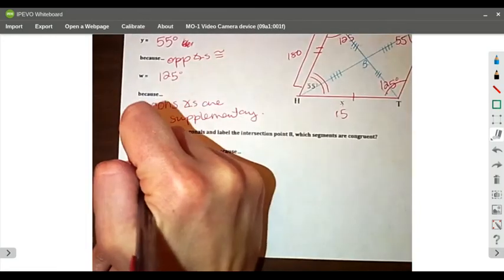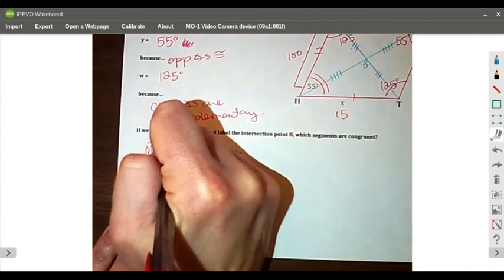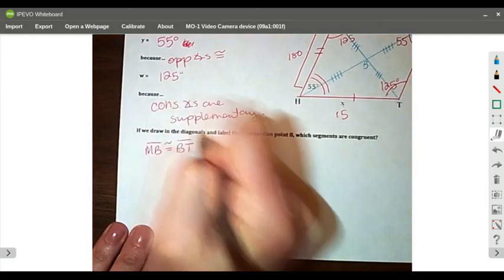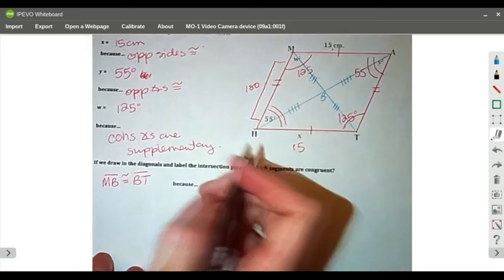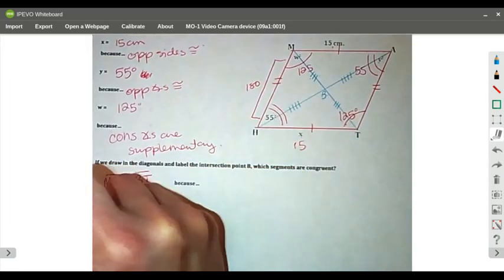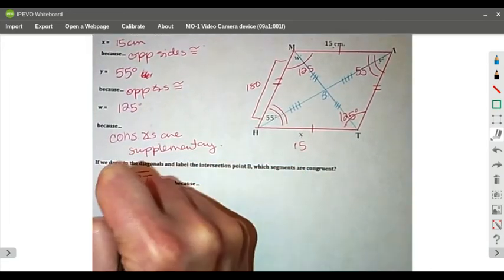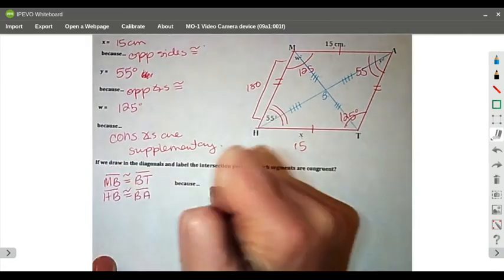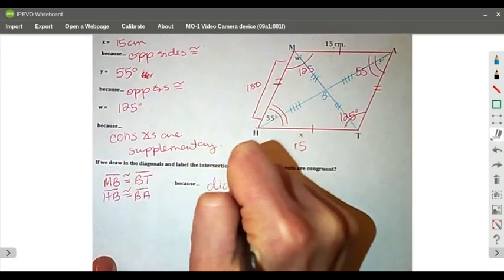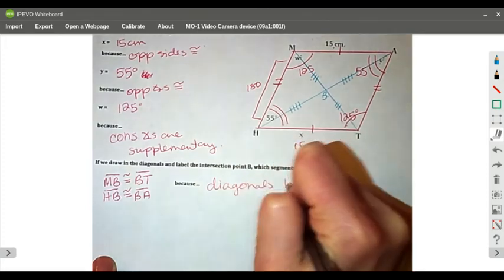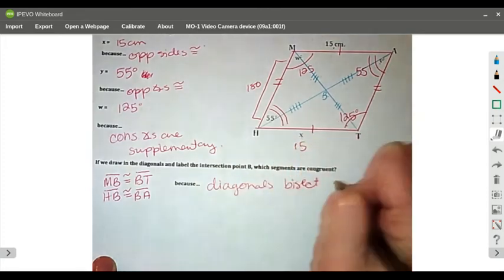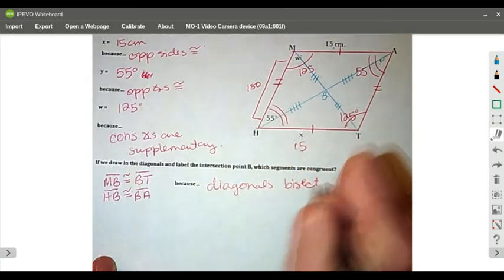So we can add that down here: MB would be congruent to BT, and then HB would be congruent to BA because diagonals bisect each other. Remember, bisect just means cuts in half, right? Diagonals bisect each other.